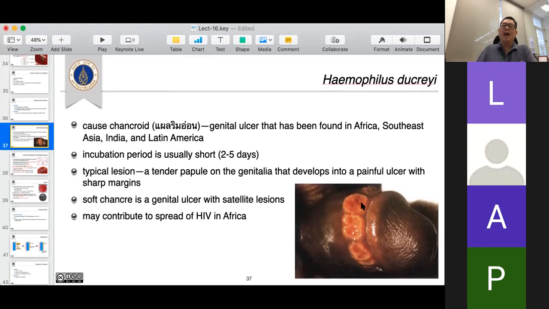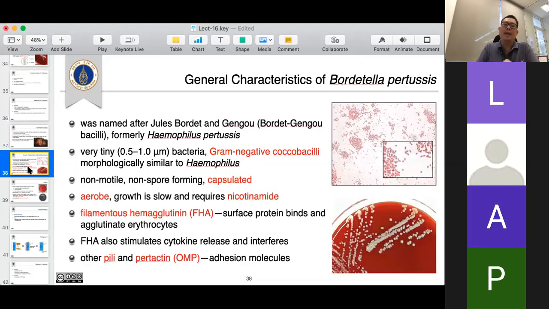I mean, this area of skin gets infected with chancroid, Haemophilus ducreyi, and bacteria in this area might move to another area and get another lesion here. That's auto-infection. Not infected from someone else, but from yourself. Okay, that's about chancroid.